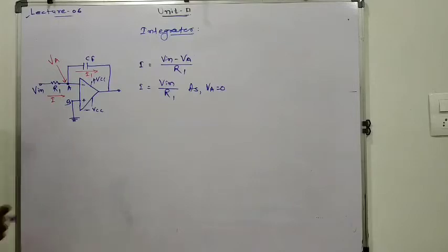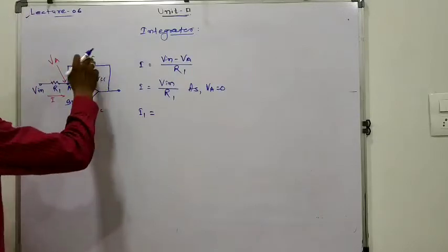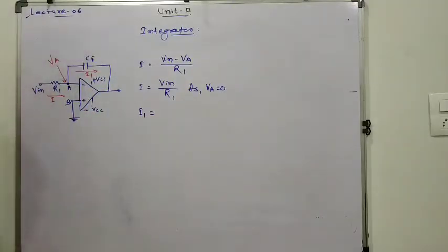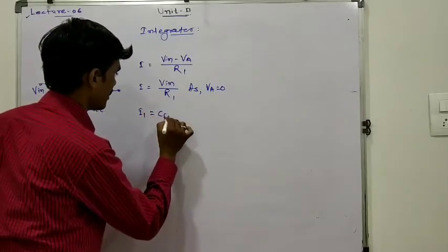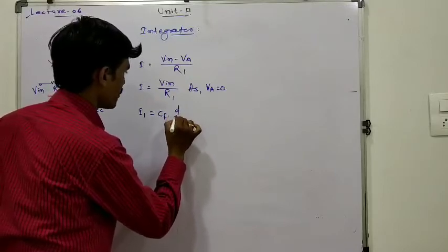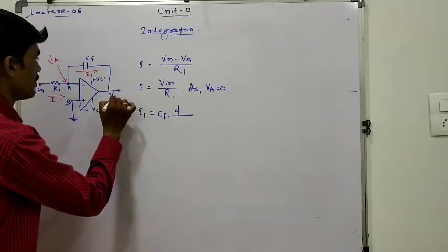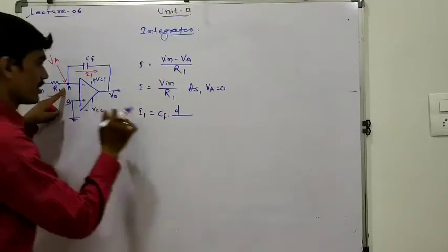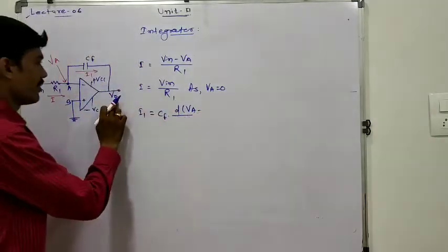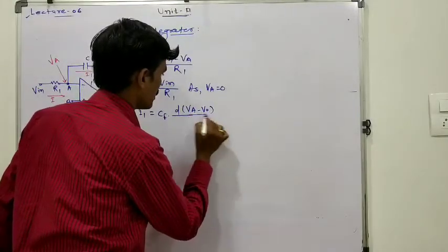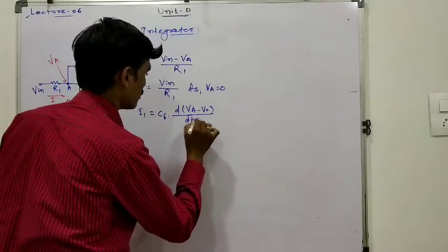Next, similarly we have to calculate the current I1. Now we are dealing with the capacitor. The current flowing through the capacitor is capacitor CF into the differentiation of the potential difference of these two points. This point is VO. So the potential difference is VA minus VO, differentiated with respect to dt.